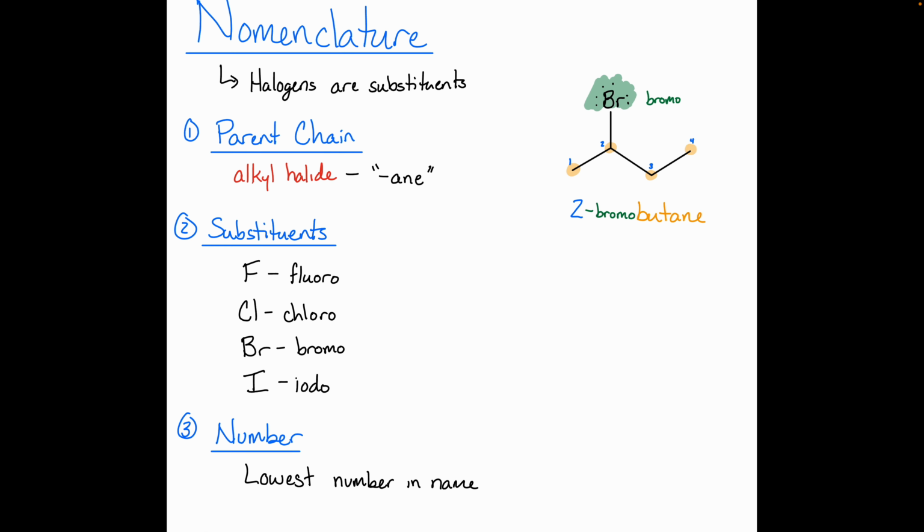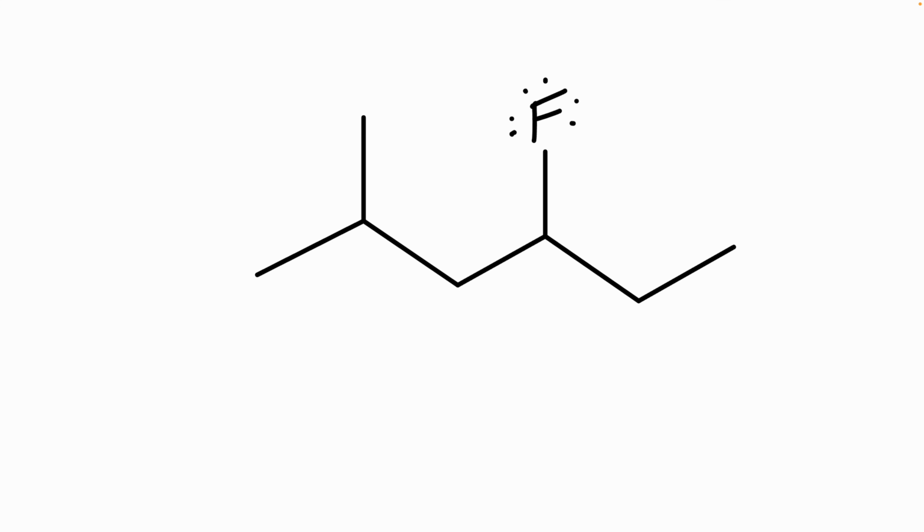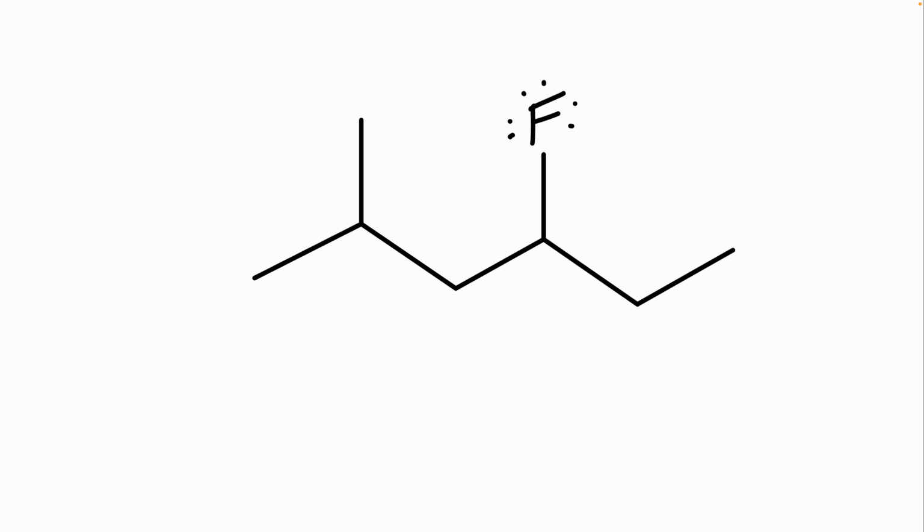All right, we're going to do one more example here so I can illustrate my point. We're going to find our longest continuous set of carbons. 1, 2, 3, 4, 5, 6.